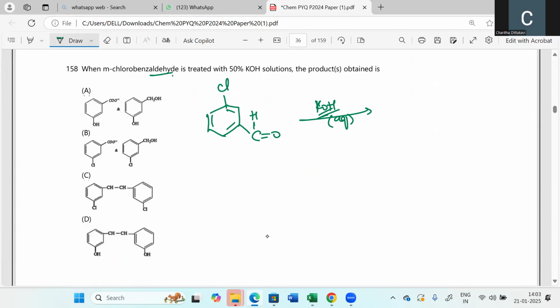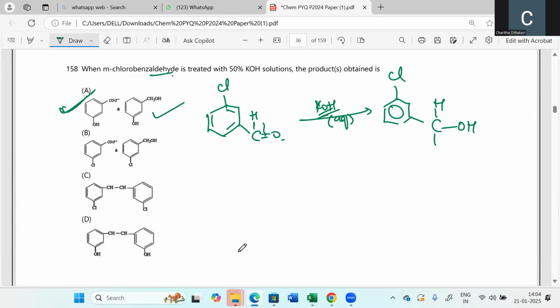Obviously the double bond will break, and this becomes O minus, and then on the benzene you have Cl there, and then CH2OH, right? So that is what we get. CH2OH is formed, and then you have your COO minus also.